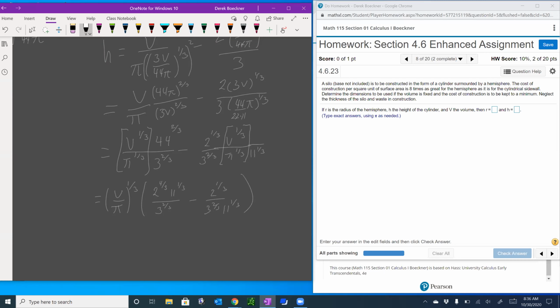I'm going to rationalize denominators by multiplying by a cube root of 3 and a 2/3 root of 11. So I get a 33 down in the bottom. I want my denominator to be 33. I think that'll work out okay.